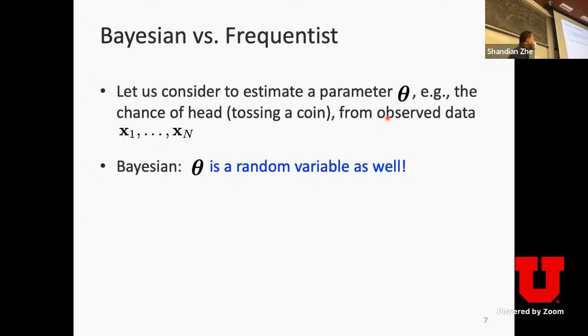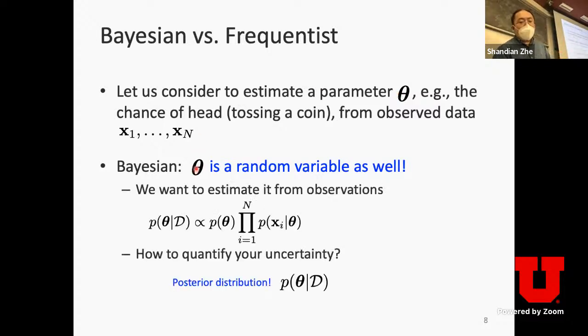But Bayesian takes a totally different idea. In the Bayesian world, everything is random, not only my observations, my experiment outcomes, but also the parameter value. So we assume there is some randomness on this parameter as well. That means in this viewpoint, we first generate a random variable theta from some prior distribution.